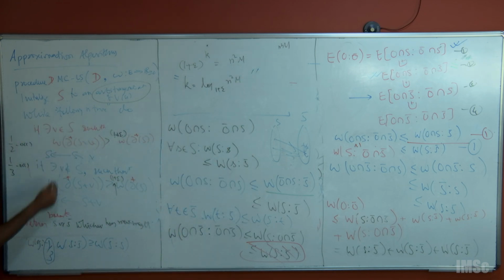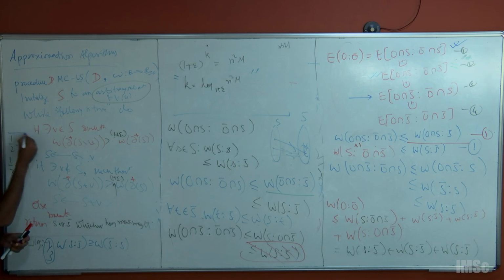Now notice I can fix epsilon to be a very, very small quantity, like 1 over n or 1 over n square, and lose only a little bit in my approximation factor. Try to show that if this happens, then you can get such an approximation algorithm. So this gave us a deterministic 1/3 approximation algorithm for directed cut. Of course, there exists a factor half approximation using randomization, but that I will not teach.